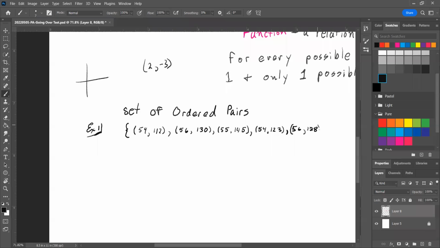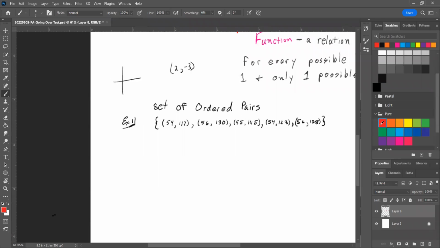So the question on this example is, is this a function or not?